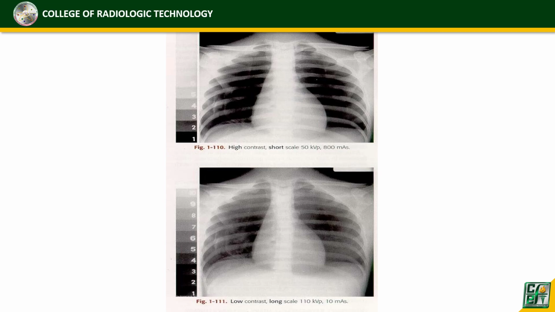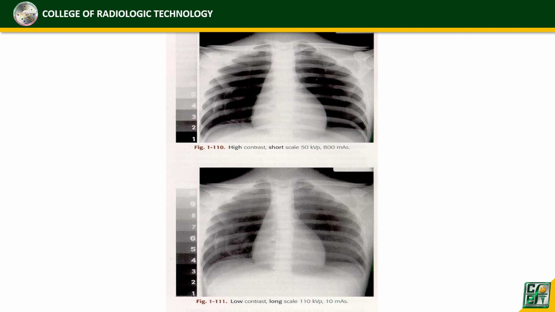Long scale? How about the others? Long scale din po. Long scale. Okay, very good. So long scale. What's the reason? Because we are examining the lung field.